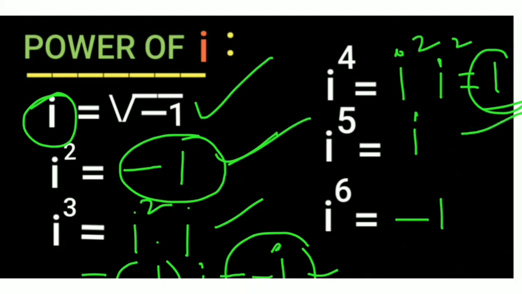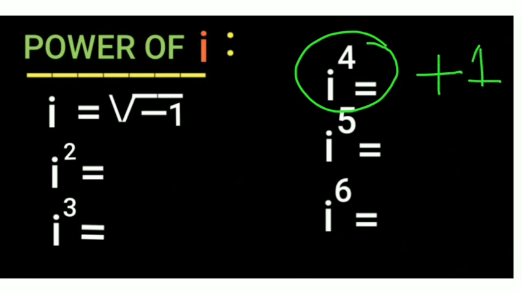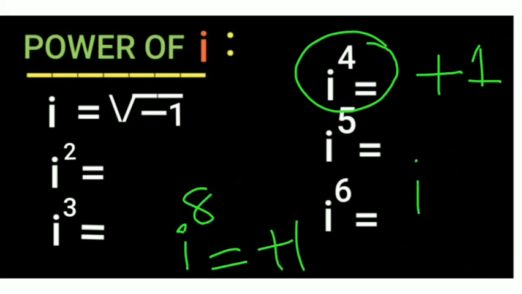These values repeat in a cyclic way. So every fourth power gives plus 1. If we take i power 8, we get plus 1, and i power 12 is plus 1. Plus 1 repeats every fourth time, at multiples of 4.